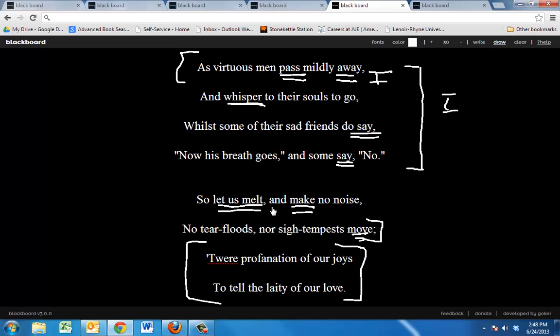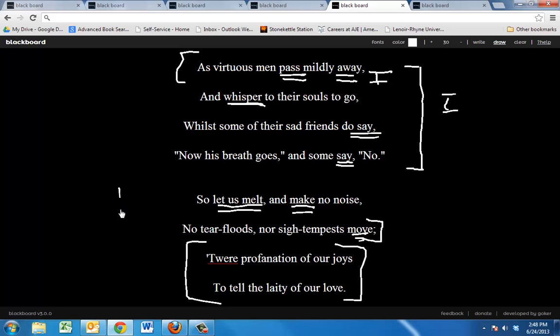So let us melt and make no noise, no tear floods, nor sigh tempests move. The main verbs in this sentence are melt, make, and move. And the subject then becomes, this is what is called an imperative.